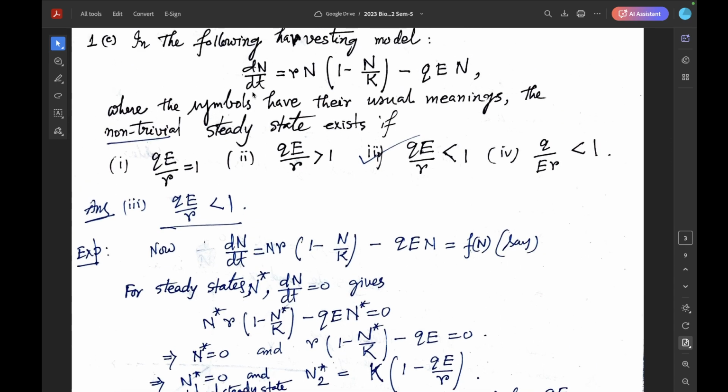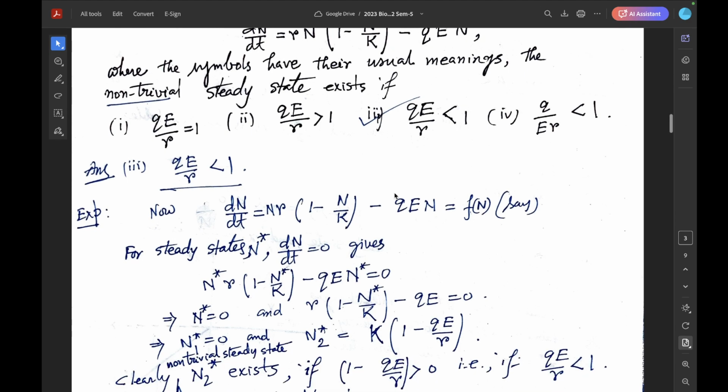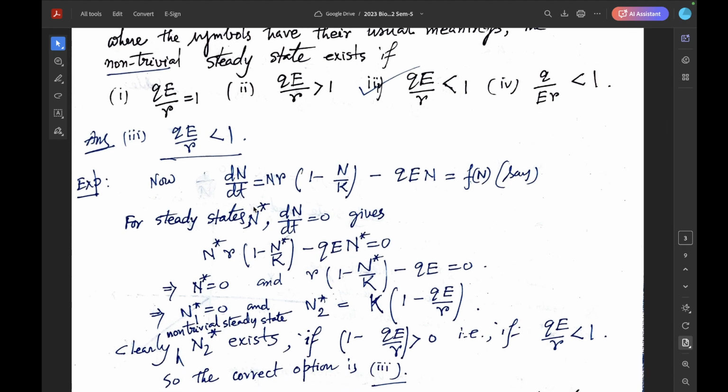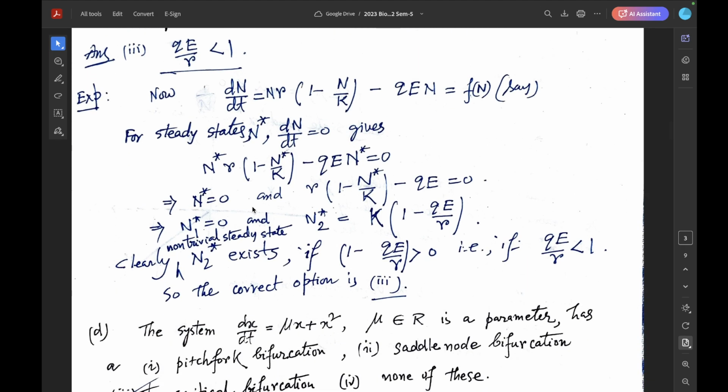Now it is given that dn/dt equals r n (1 minus n by k) minus q e n. Setting this right-hand side equal to f for steady states, dn/dt equals 0 gives n star r (1 minus n star by k) minus q e n star equal to 0.